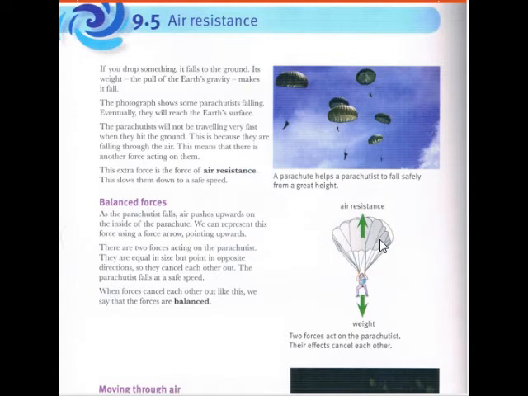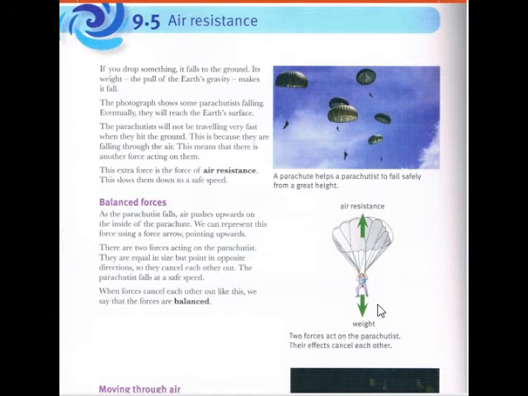We can represent this force using a force arrow pointing upward. In this picture, students, there are two forces acting on the parachute. They are equal in size but point in opposite directions. It means that the direction of air resistance is opposite to the direction of the weight.